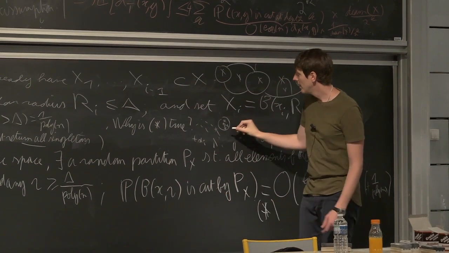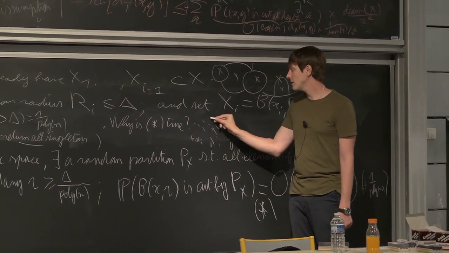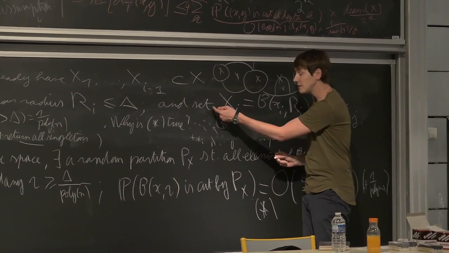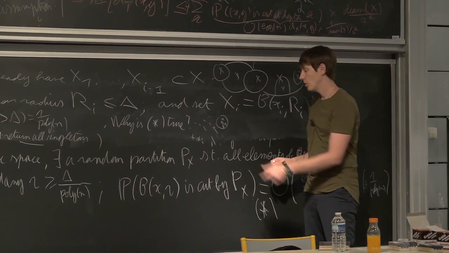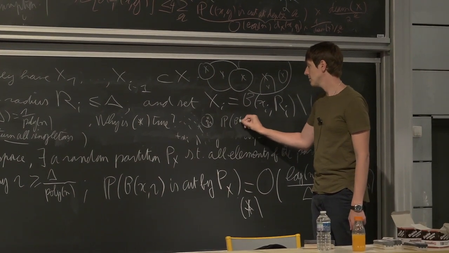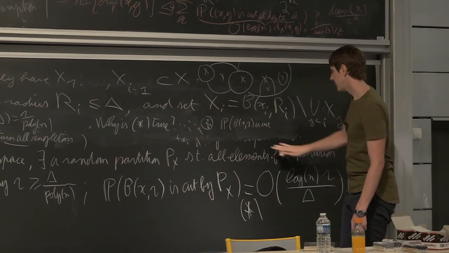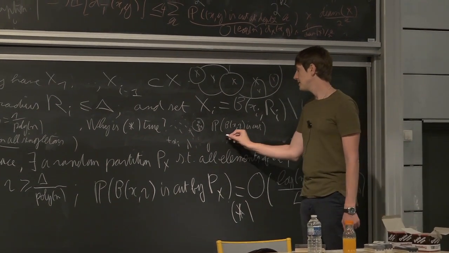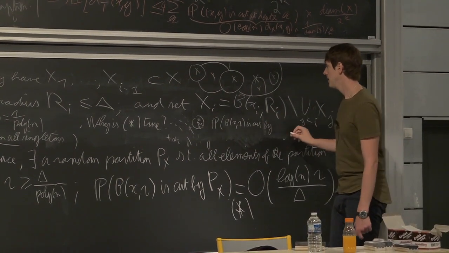That's the whole point. So when is this ball going to be cut? This ball is cut if I know that it got to this point, but then it stops within distance r. Okay, so the probability of a cut, that B(x, r) is cut, this is, let's say, by xi.